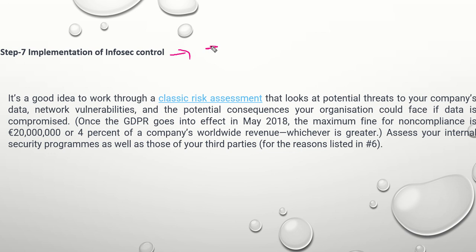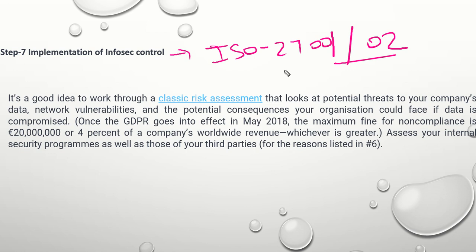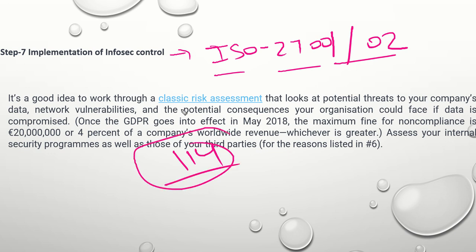The infosec controls would be based upon ISO 27001 or 27002. There are a total of 114 technical controls given in the standard ISO 27001, so we can use those controls.